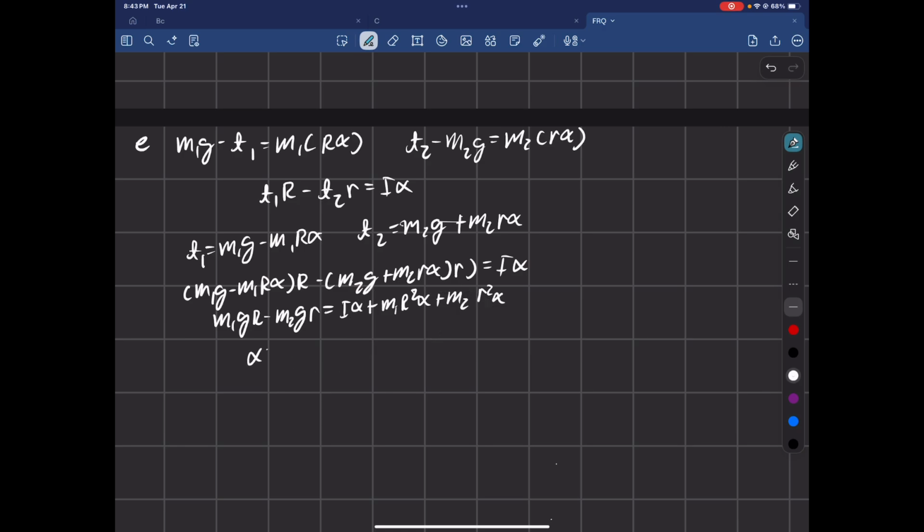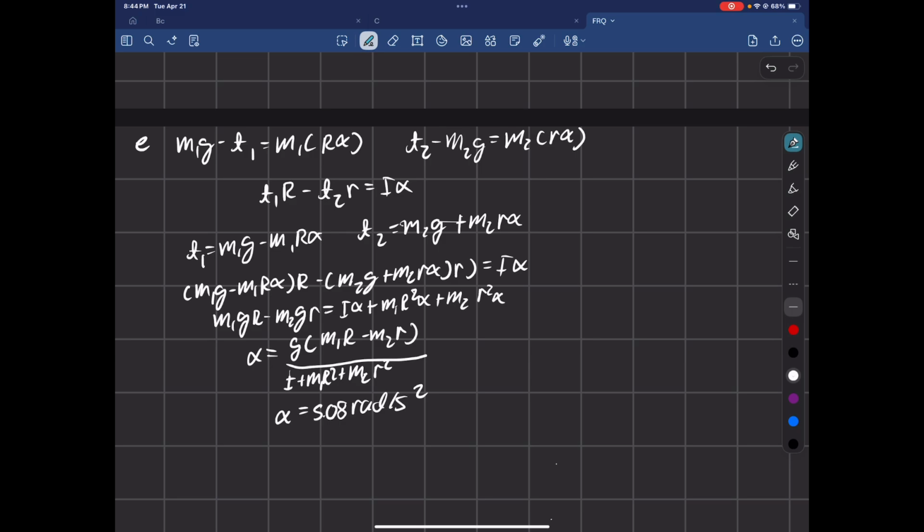So when we do that, on this side we can factor out g. And then we're left with alpha equal to 5.08 rad per second squared.